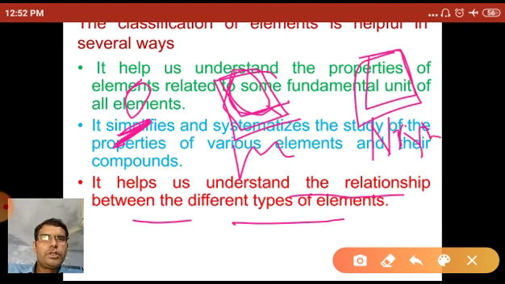So the classification of the elements helps us to understand the relationship between the different types of elements.